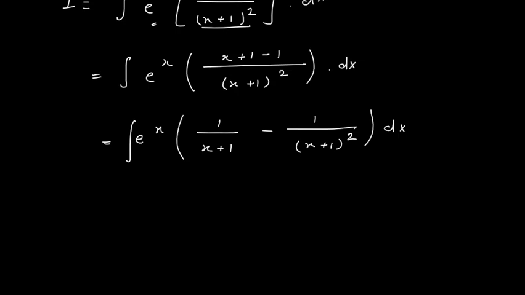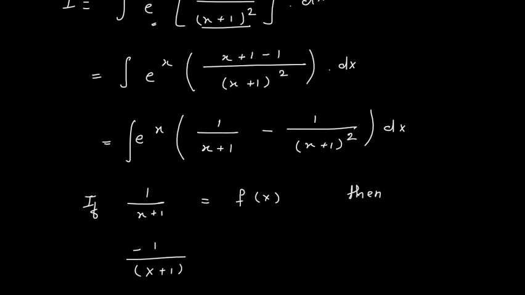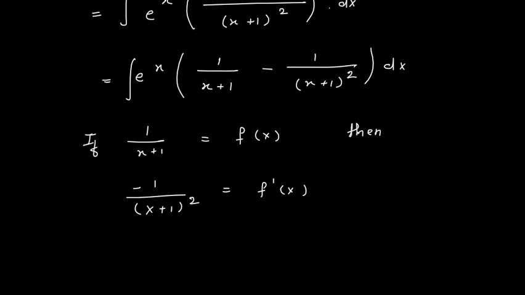Okay. So if I take 1 upon x plus 1 as fx, then its derivative is minus 1 upon x plus 1 the whole square. So this is f dash x. So when 1 upon x plus 1 is fx, then minus 1 upon x plus 1 the whole square is f dash x. So this is fx and this is f dash x.